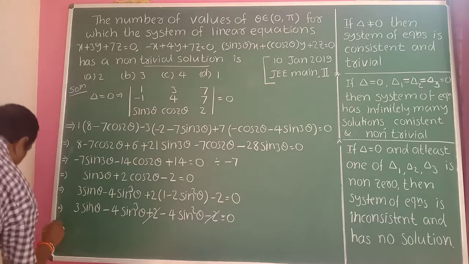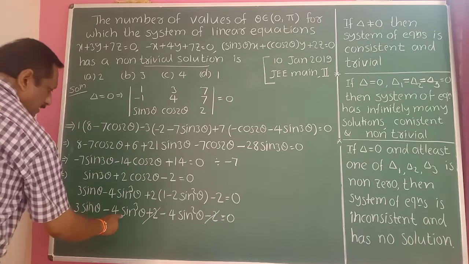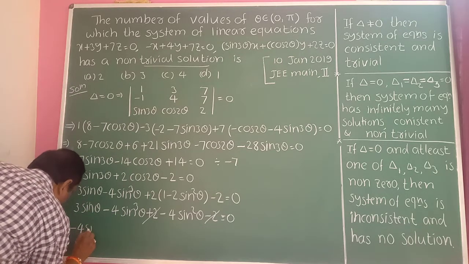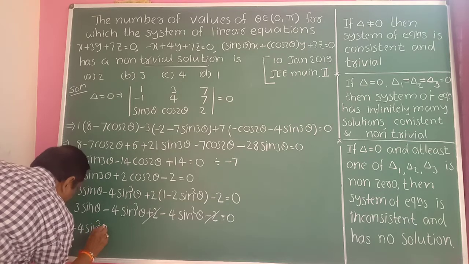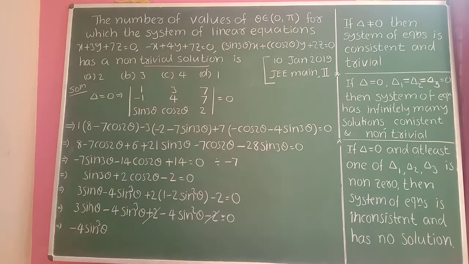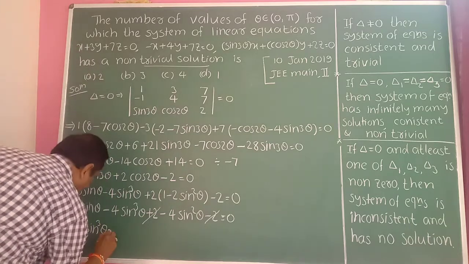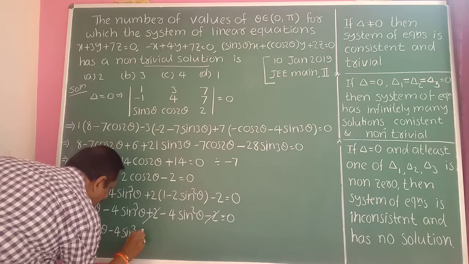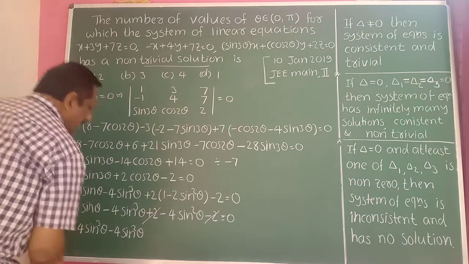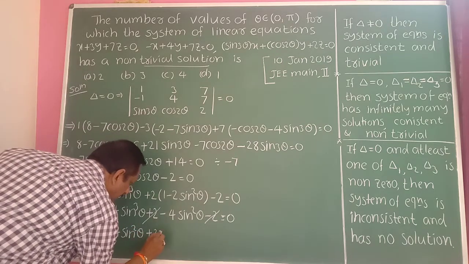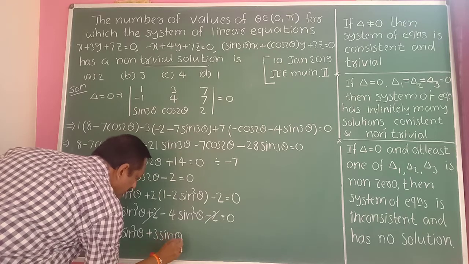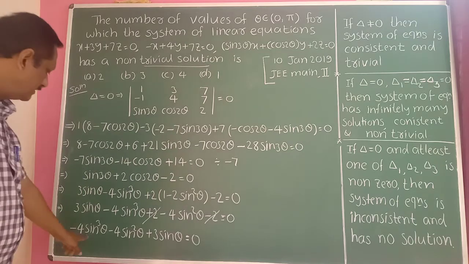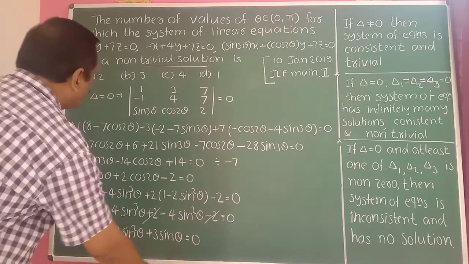So this implies minus 4 sin cube theta, minus 4 sin square theta, plus 3 sin theta is equal to 0. From these three terms we can take minus sin theta as a common factor.